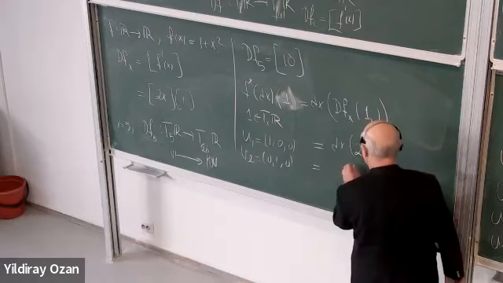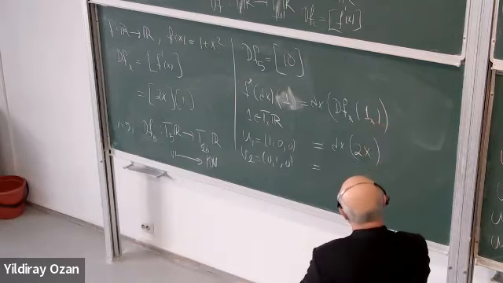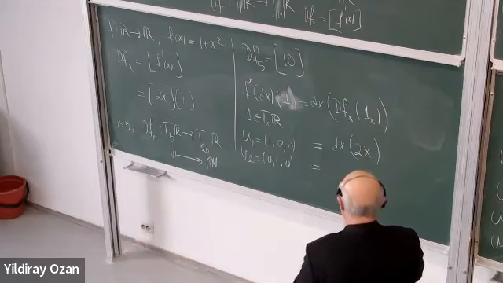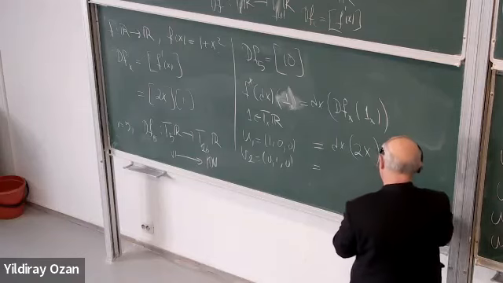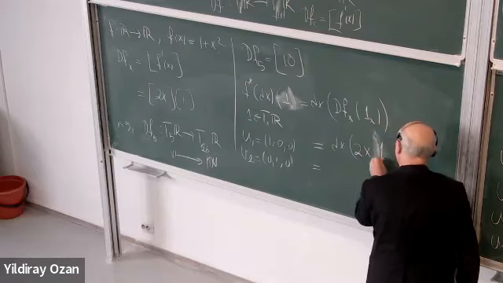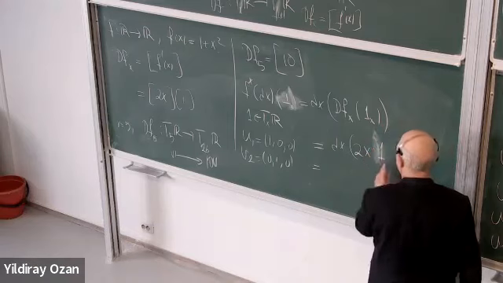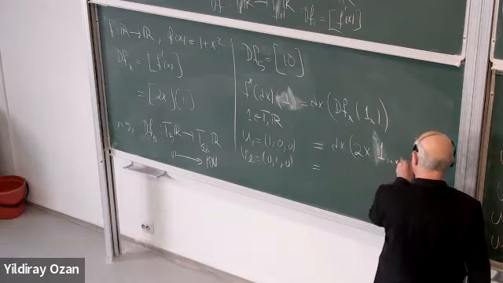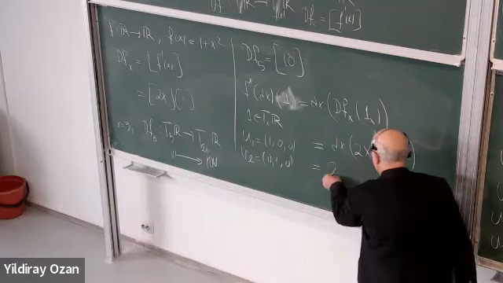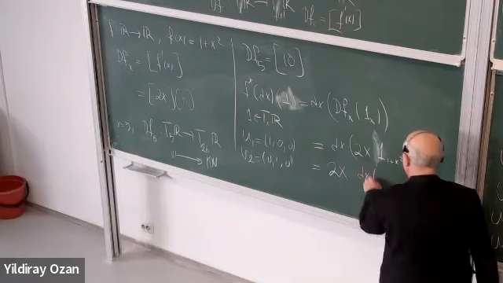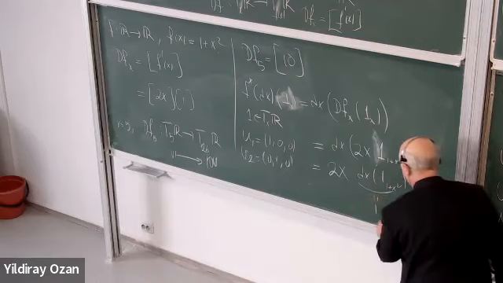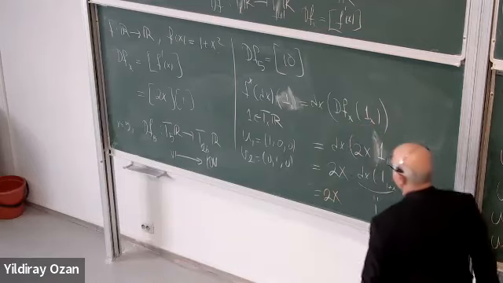It is just 2x times 1 at the point 1 plus x squared, actually. And then this is a constant, and dx at the point 1 plus x squared is just 1, so we get 2x.